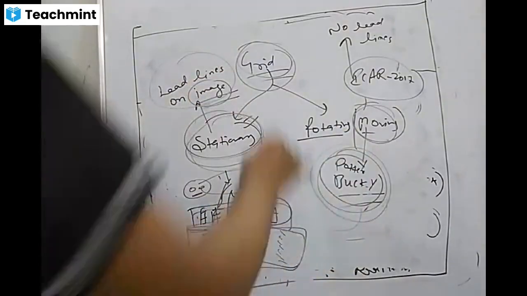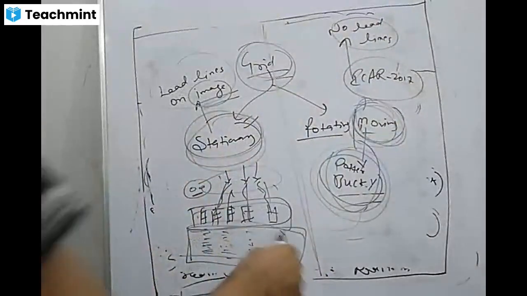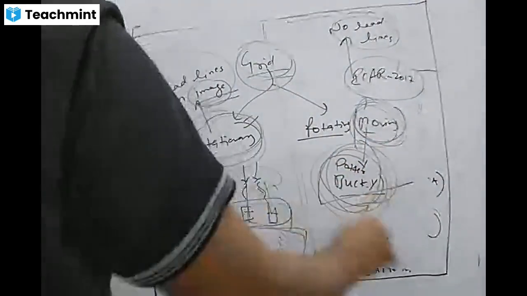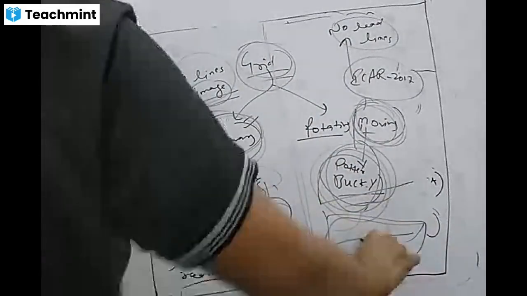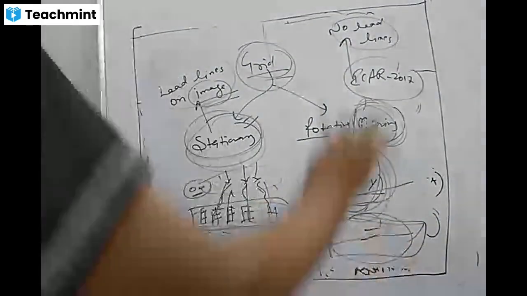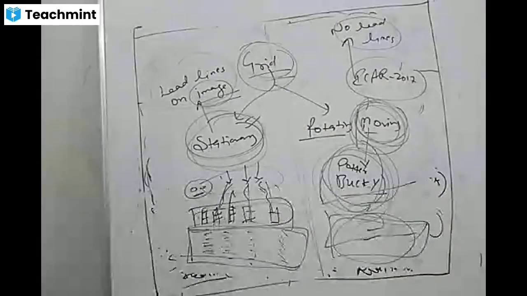This problem is not present in the moving grid, because it is moving very fast, and because of that fast movement we do not get any line on the film. Just the characteristic X-rays fall, there is no scatter, and a good image is obtained. That is your moving or rotating grid.